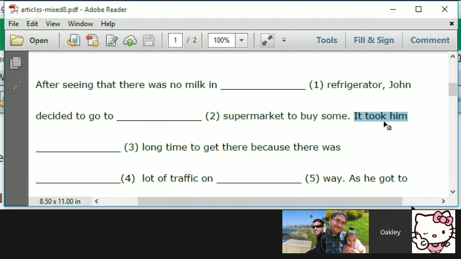Number 2. It took him a long time to get there because there was a lot of traffic on the way. Perfect. Okay, it took him a long time. Why a long time?